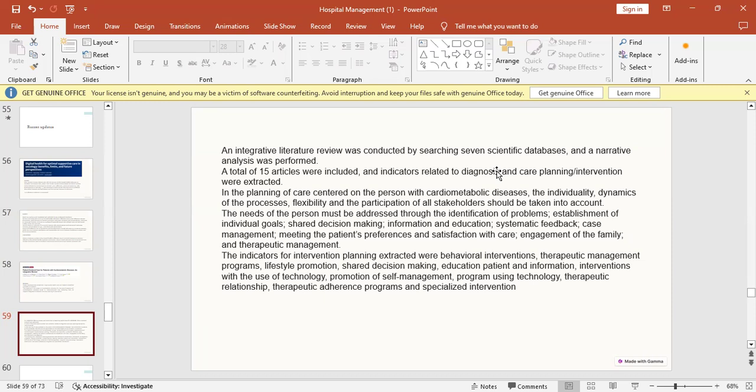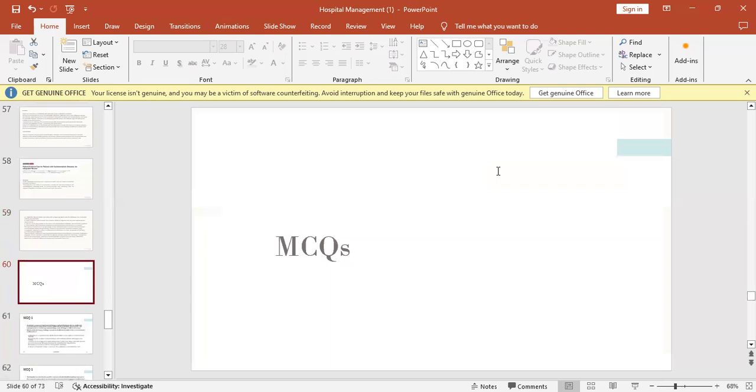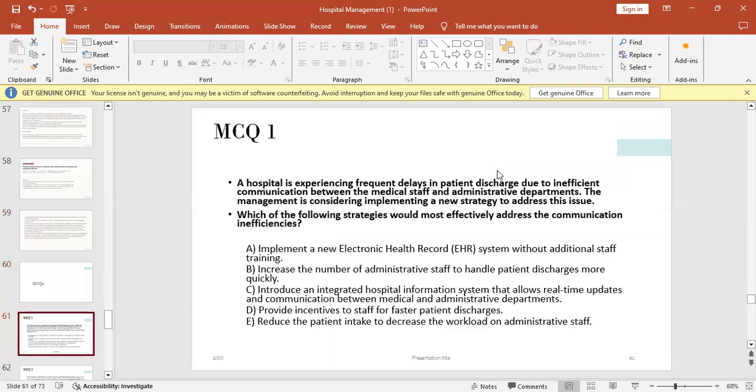The indicators for intervention planning extracted were behavioral intervention, therapeutic management programs, lifestyle promotion, shared decision making, education, patient information, interventions with the use of technology, promotion of self-management program using technology, therapeutic relationship, adherence program, and specialized intervention. Now the time for the MCQs.